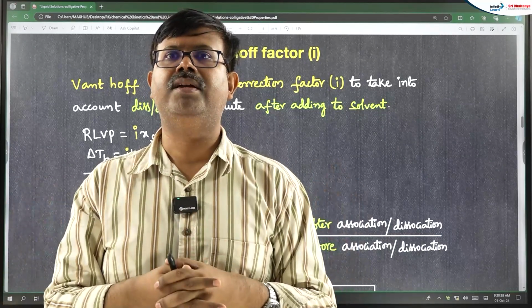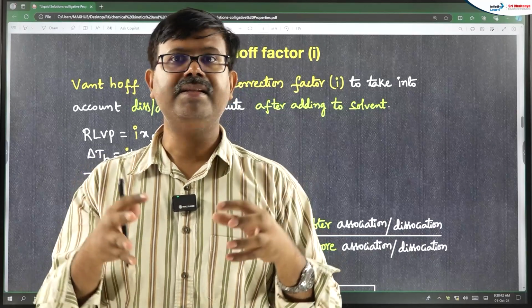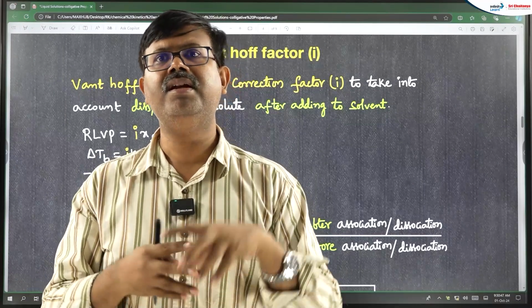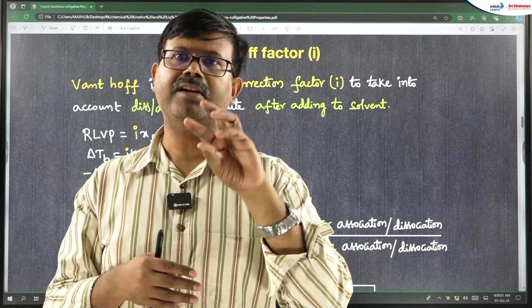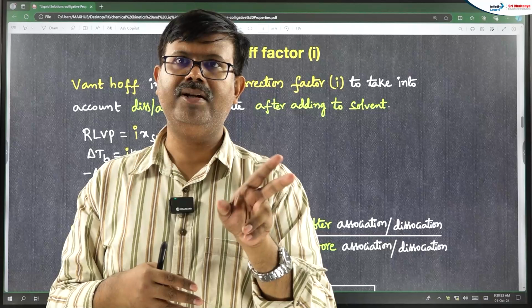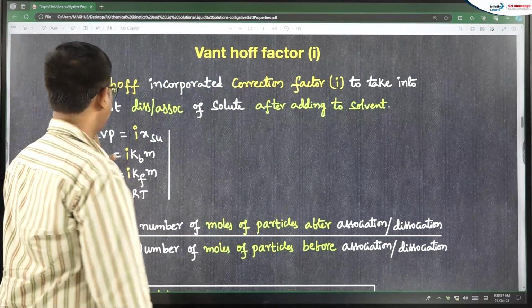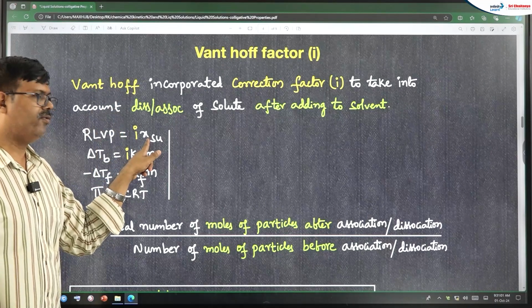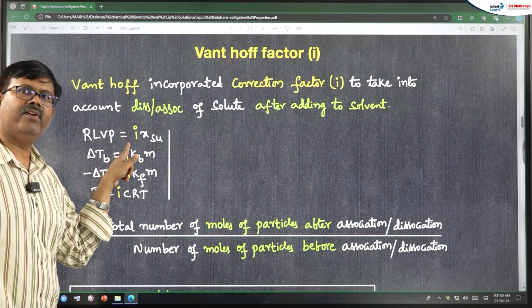Van 't Hoff did experiments, considered this phenomenon also, and introduced one correction factor in every formula that will take care of this association and dissociation phenomenon. See, the RLVP, relative lowering of vapour pressure formula: earlier we have seen mole fraction of solute. But Van 't Hoff has introduced the correction factor i.